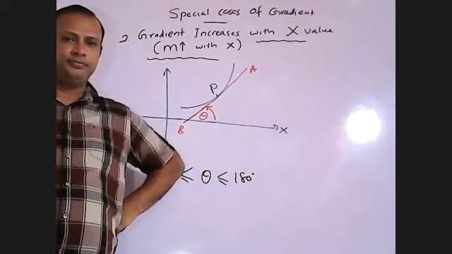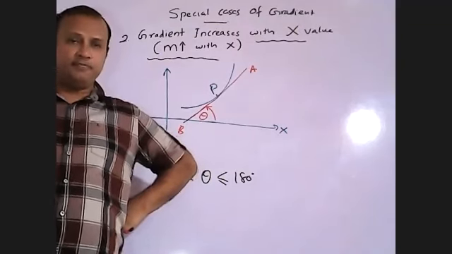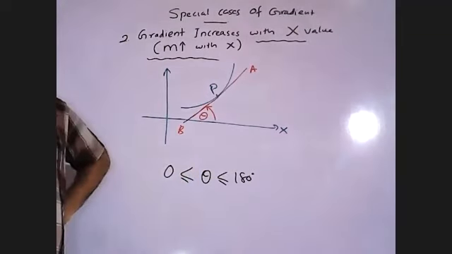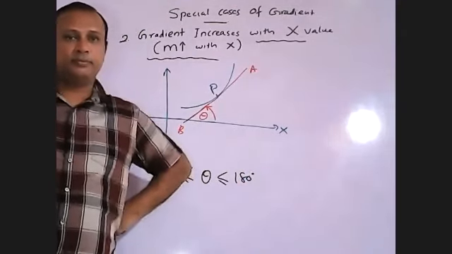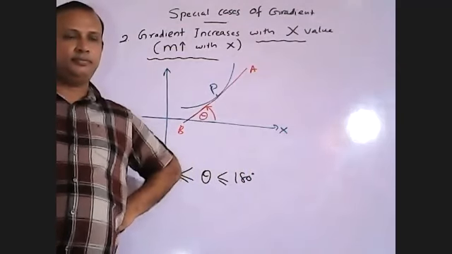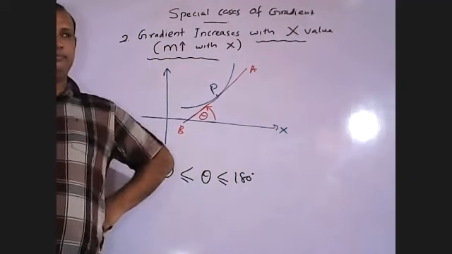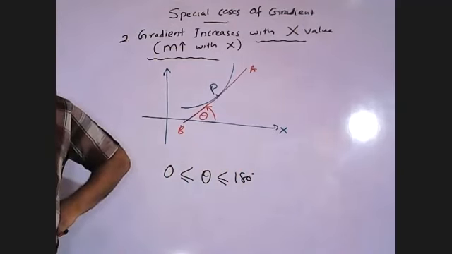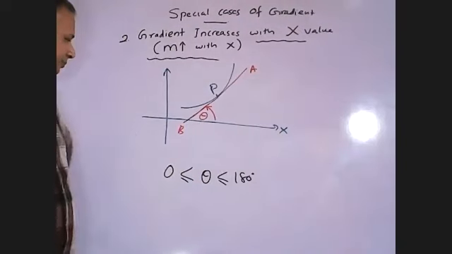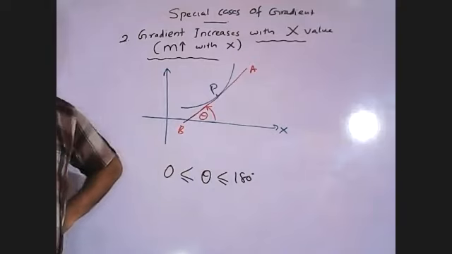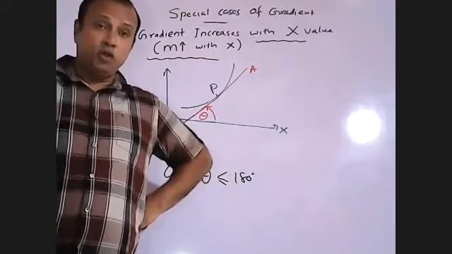So the variation of M, the variation of tan, should be considered from 0 to 180.